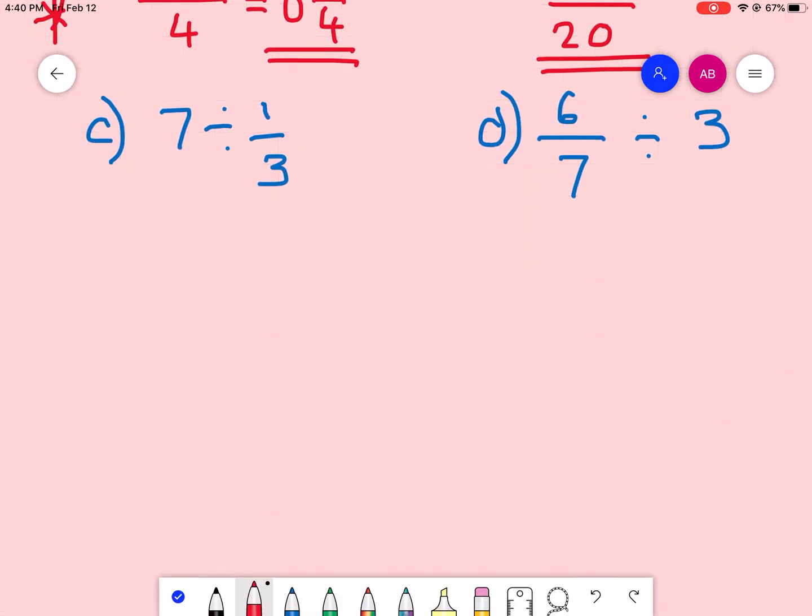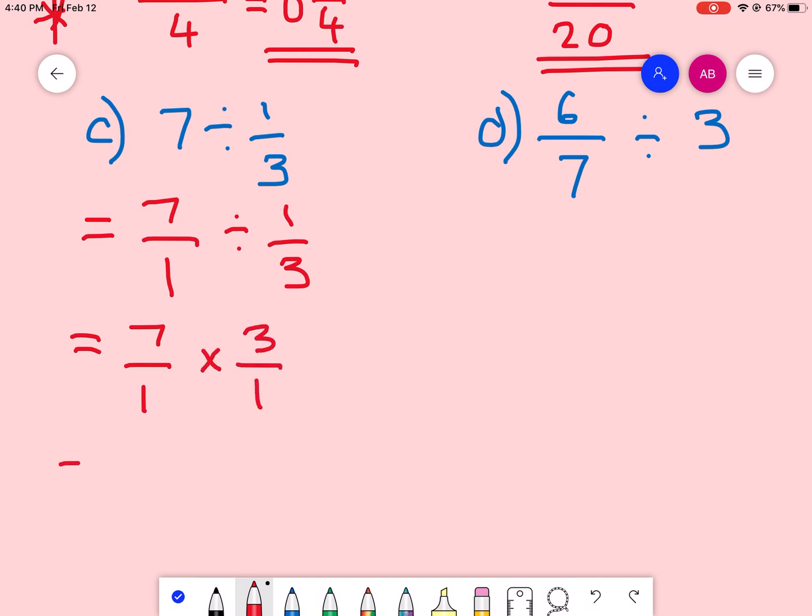Next one here. So first step here then is to make the 7 over 1. Again, we saw this when we were doing our multiplying fractions as well. A whole number can always be put over 1 to make it into a fraction. Apply the division process, keep the first one the same, change the divide to a multiply, and flip the second fraction. 7 times 3 is 21, that's over 1.